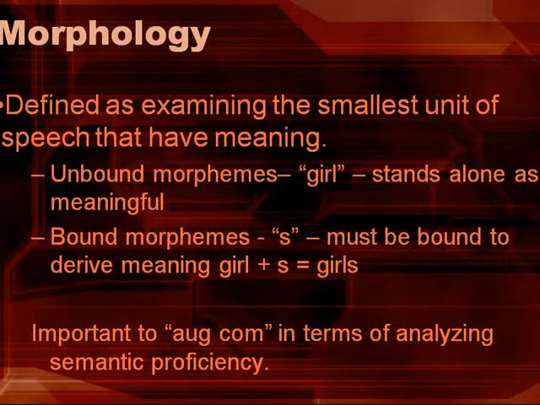They have to be bound to an unbound morpheme to actually make meaning. So girl plus s, because s by itself doesn't make any sense, has to be bound together to make girls, of which we can actually conjure up an image of. It's important to AAC in terms of analyzing semantic proficiency. So these are smaller errors in terms of semantics.